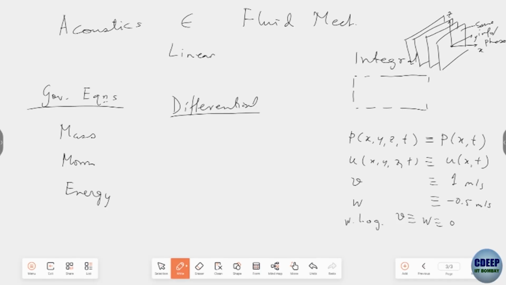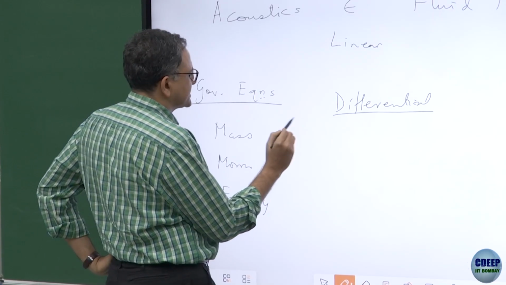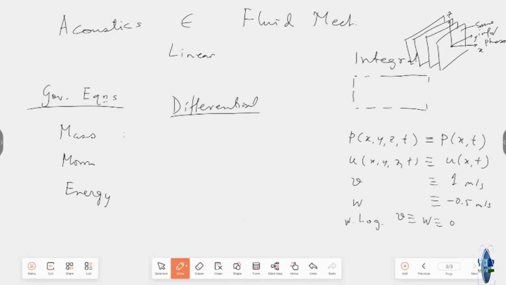So with this as our flow variables, the mass equation can be written in differential form. Let me use capital V for the velocity vector.